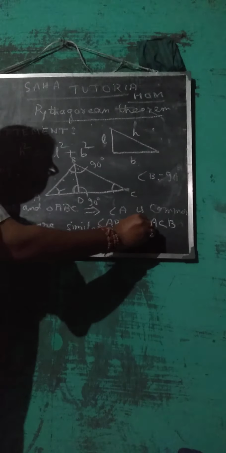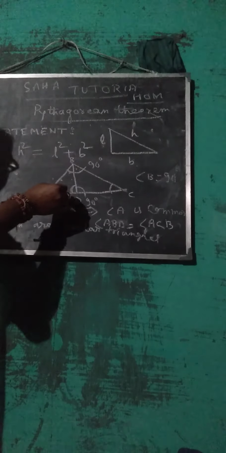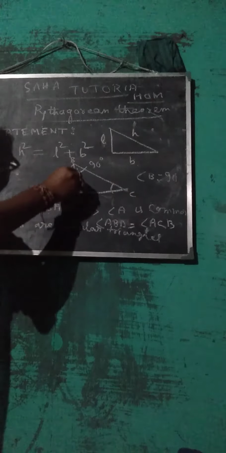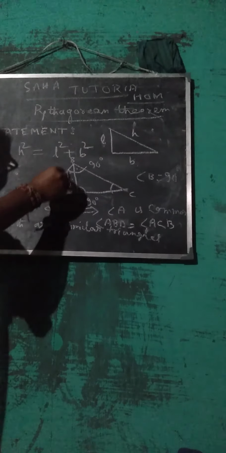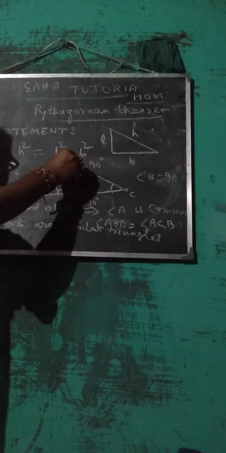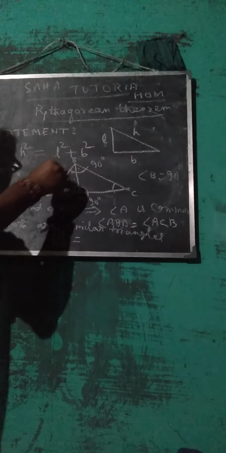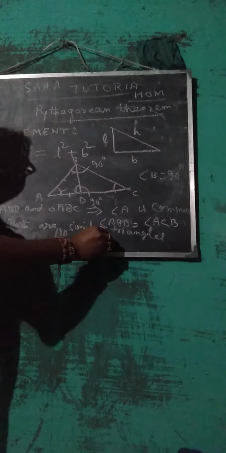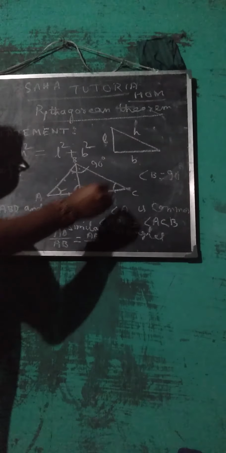So what do we get from this? We get the ratio of base to hypotenuse. Here the base is AD for triangle ABD and the hypotenuse is AB. So AD by AB is equal to AB by AC, where the base is AB and the hypotenuse is AC.